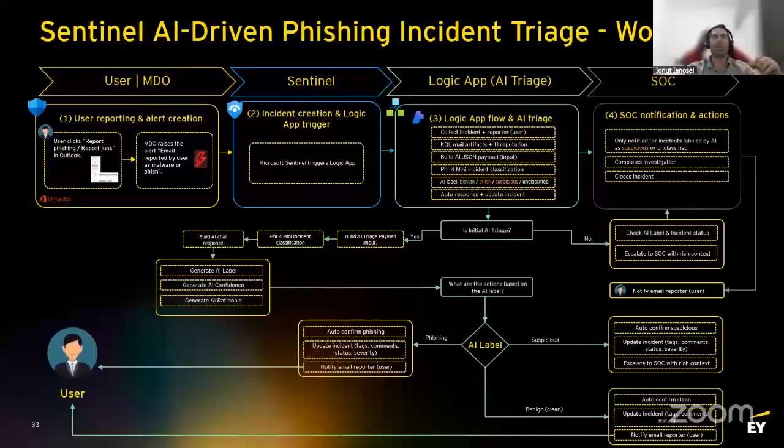KQL TI reputation, where it queries domain reputation, IP reputation, URL categories, and known malicious indicators. And report the email resolution, where the logic app determines whether the reporting user exists or not, and whether the mailbox has a valid email route. So as a technical outcome, all this enriched context will be assembled into a unified AI payload JSON for the model, and the AI will start processing it.